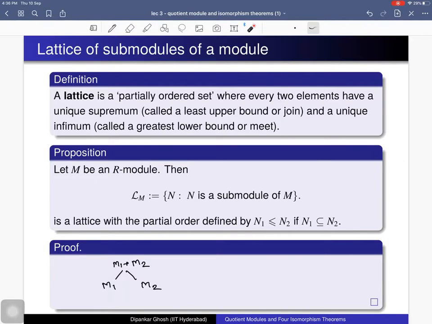And M1 and M2 also have an infimum, that is, a greatest lower bound, namely their intersection M1 intersection M2. So this will be the infimum of M1 and M2. Thus this collection of submodules of M forms a lattice with respect to the partial order defined by this.